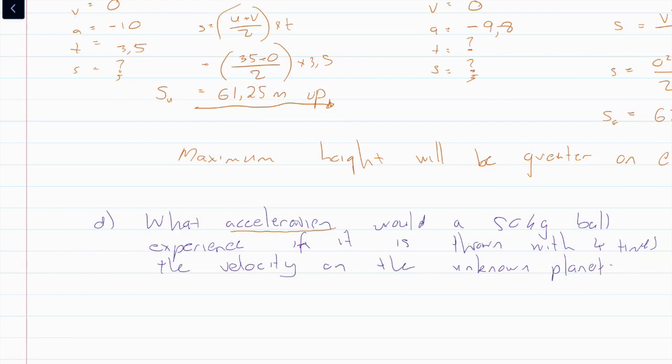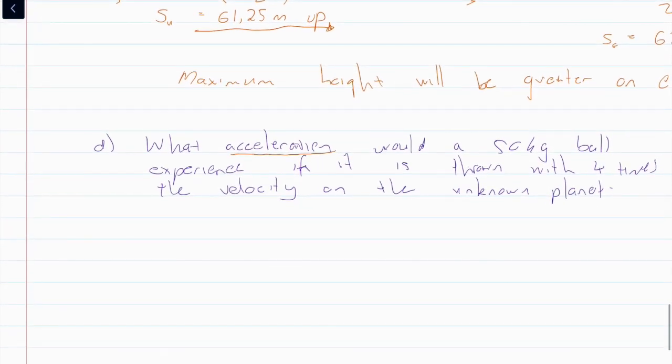Okay, so we've been given some information, 50 kilograms, and it's thrown at 4 times the velocity. But remember that the acceleration on a planet is constant.